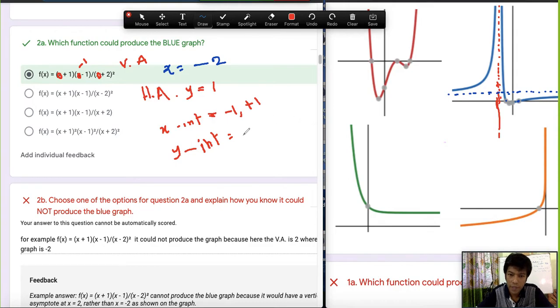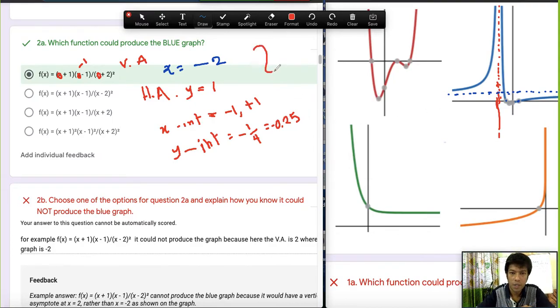So ultimately it is minus 1 divided by 4. Minus 1 divided by 4 means what? Minus 0.25. Okay, now you see everything is matching.